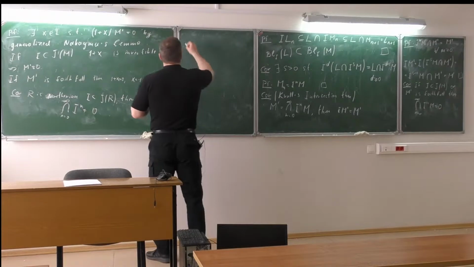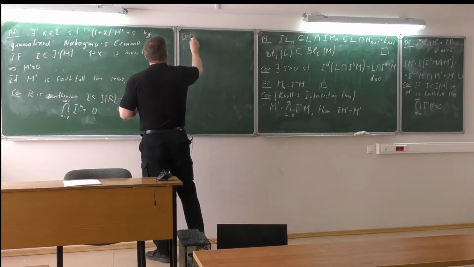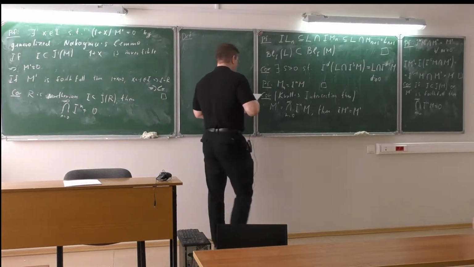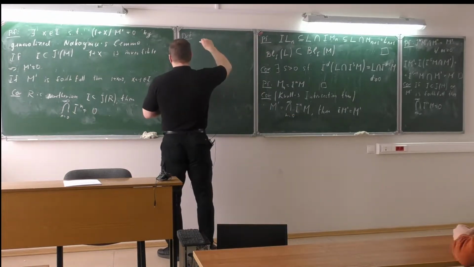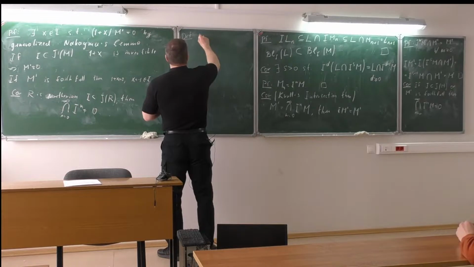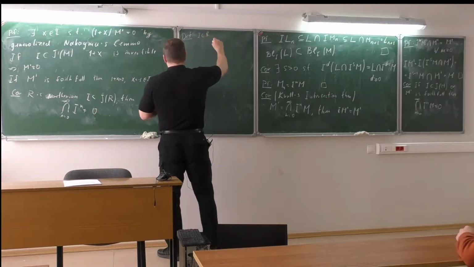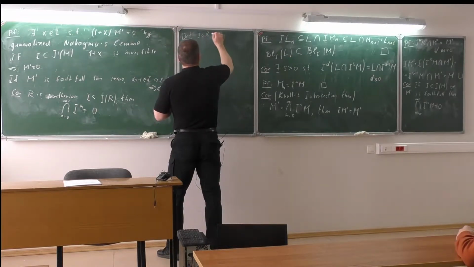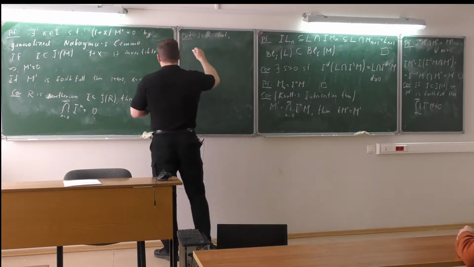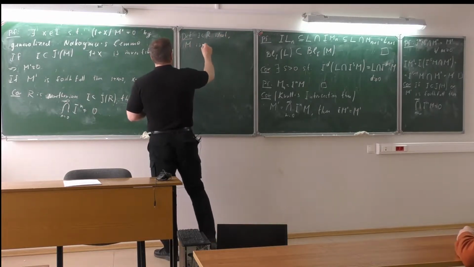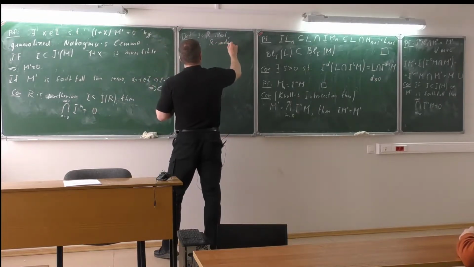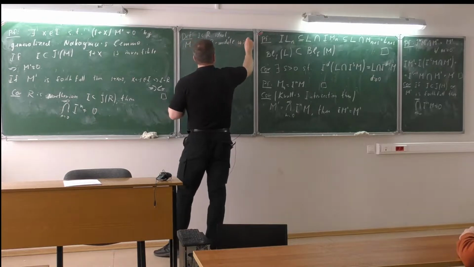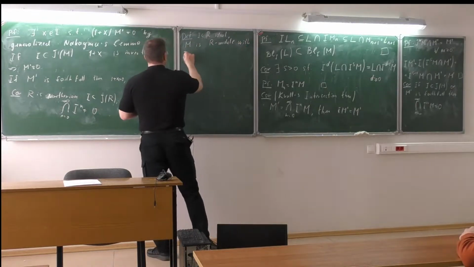So I want to finish with one definition and proposition that we're going to need later. Again, I is an ideal, M an R module, as before with I filtration.